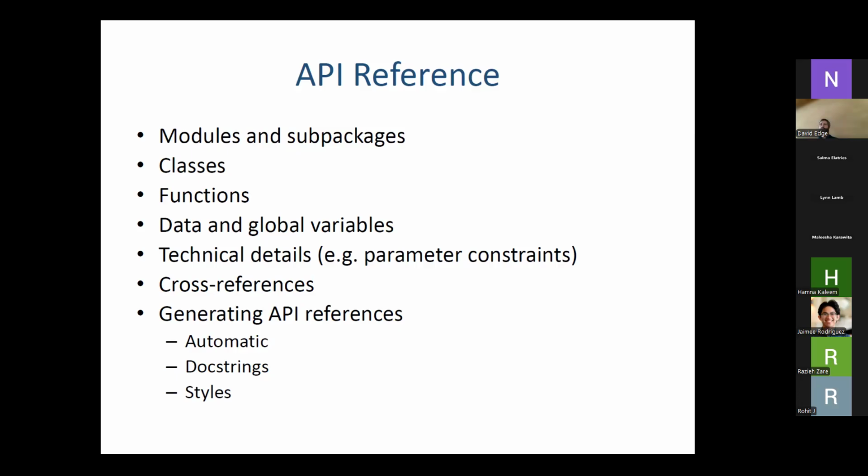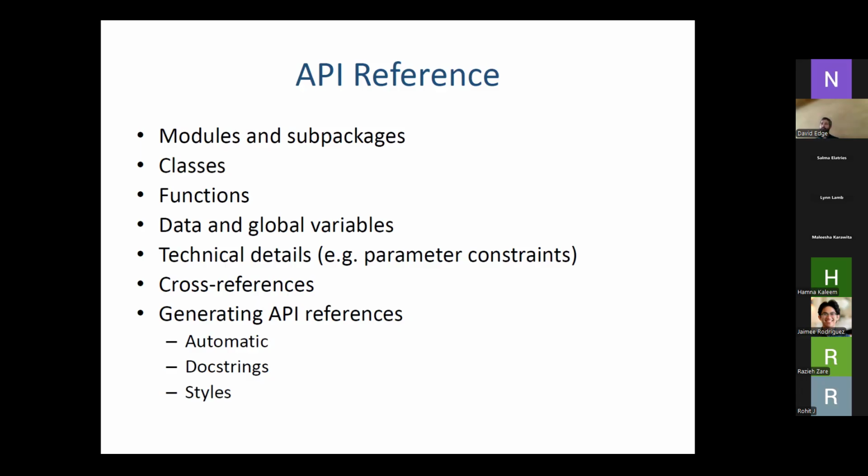It gives all of the important technical details of how the various aspects of your functions and classes work, how they're interrelated, any data or global variables that are contained within your package, cross references. So how different functions may interact with one another. All of this is contained in your API reference.